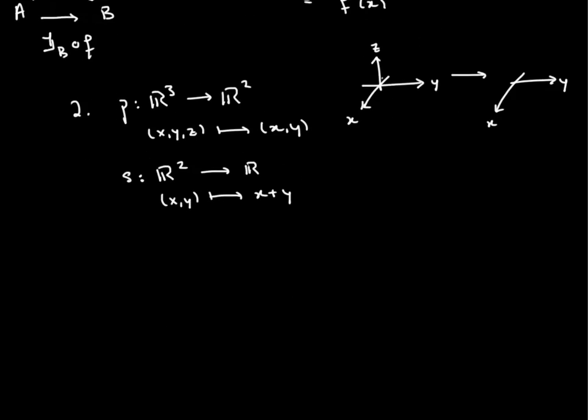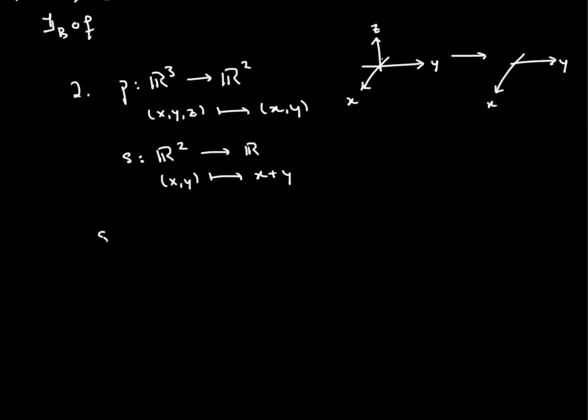The function composition of S circle P would be the function that starts from the domain of P, so R3, and sends it to the codomain of our sum function S, the set of real numbers. It sends the triplet xyz to S of P of xyz.